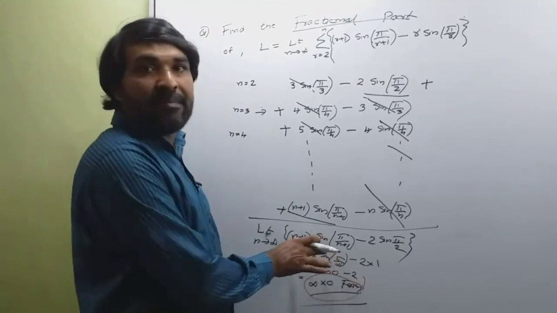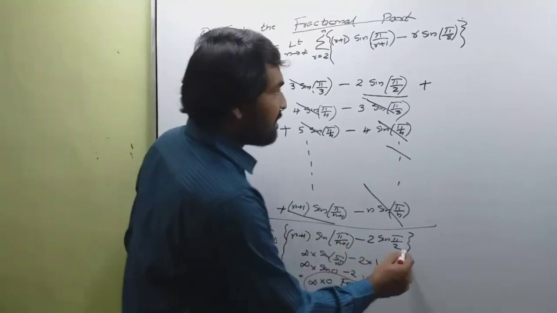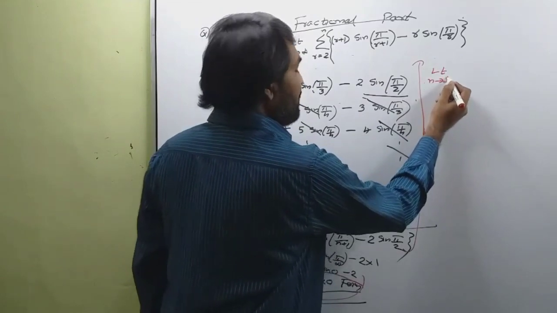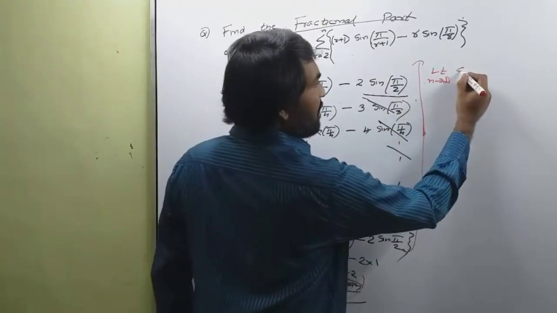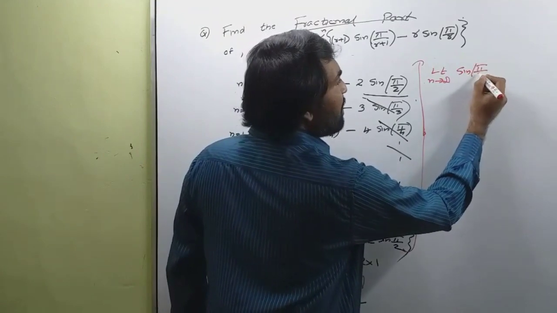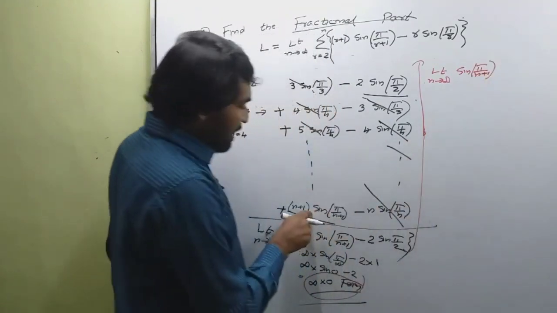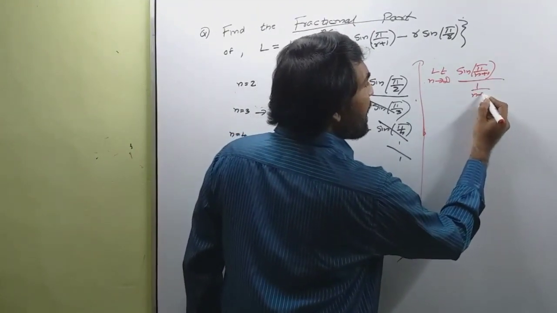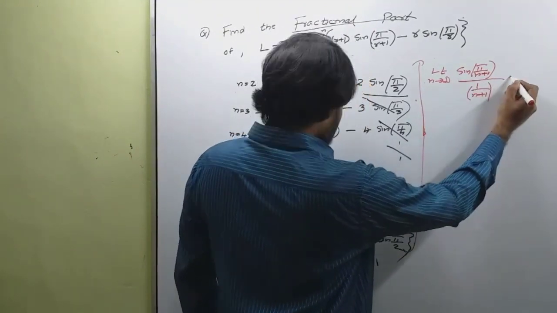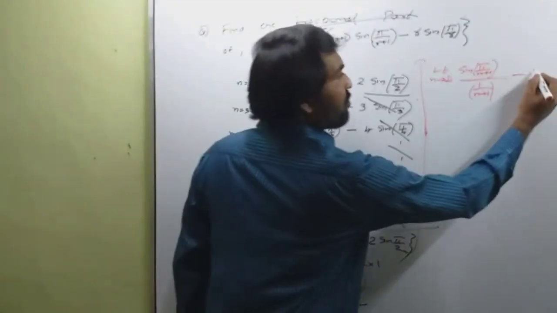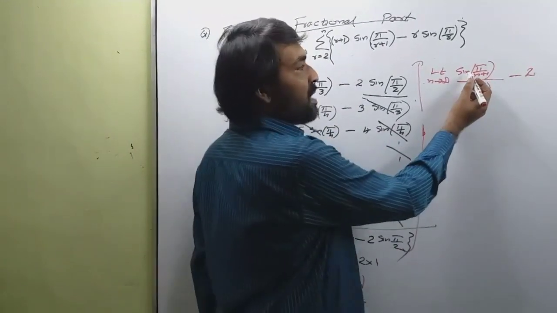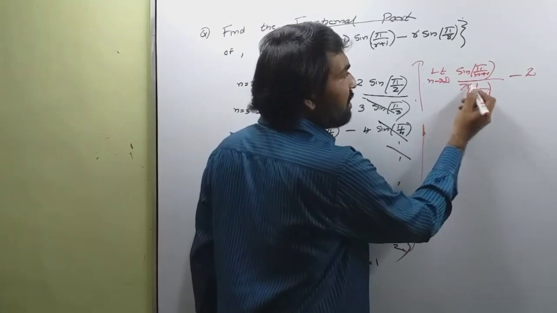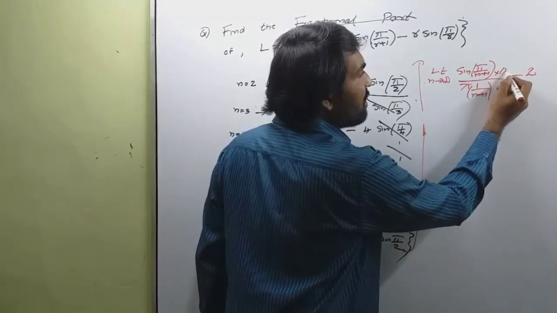So convert this limit into standard form. We can write this limit as limit n tends to infinity of sin(π/(n+1)), taking this term into the denominator, so divided by 1/(n+1), minus this 2. To make it standard form, I am multiplying the denominator expression by π, and the numerator also by π.